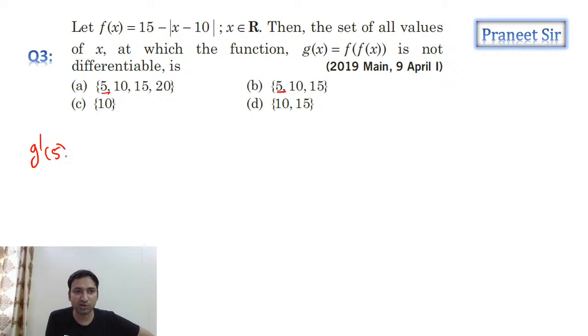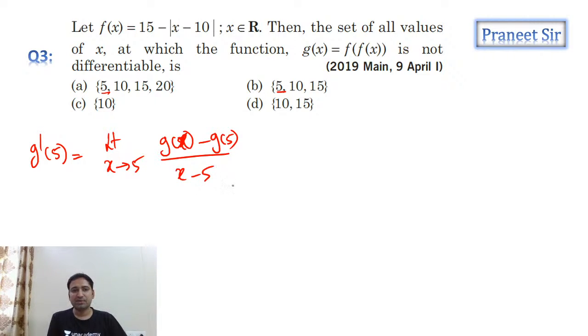Z dash 5 I want to calculate. Z dash 5 has to be valid. That means it is differentiable at x equals 5 if limit x tending to 5 of z of x minus z of 5 by x minus 5 exists finitely.